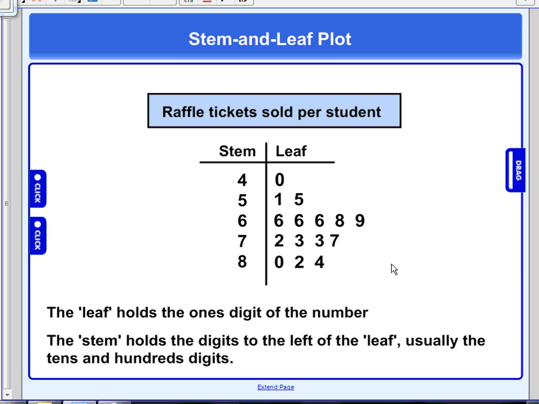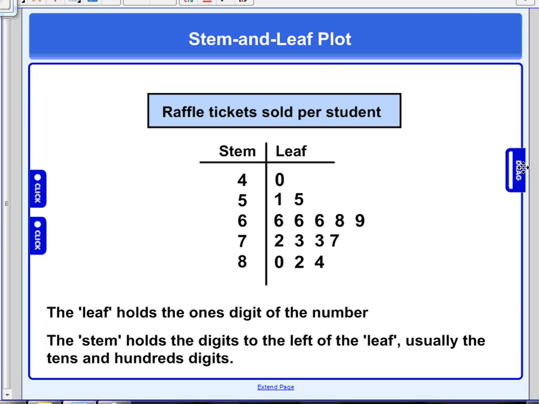So in this case, you would read these numbers as 40, 51, 55, 66, 66, 66, 68, 69, and so forth. Okay? So this would be your 10 spot, this would be your 1 spot.